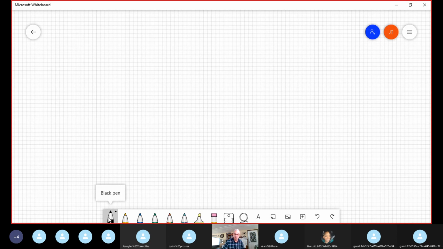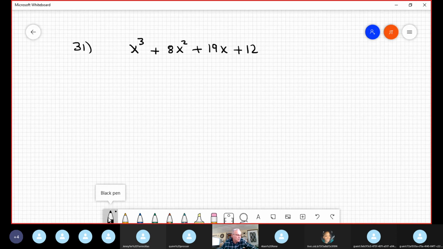Let's do it. 31 is x cubed plus ax squared plus 19x plus 12, no? Okay, in this case, no function, it's an equation. And they want you to find the zeros, no factorization. So the answer is x equals something, x equals something, x equals something.